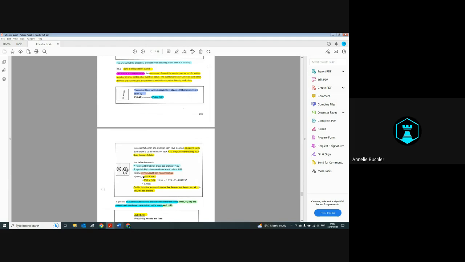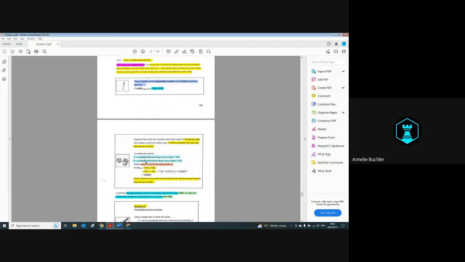For B, the probability that the woman draws the ace of clubs is also 1 out of 52. Event A and event B are independent of each other. You will write the finding as the probability of event A multiplied by the probability of event B. So it's 1 in 52 by 1 in 52.